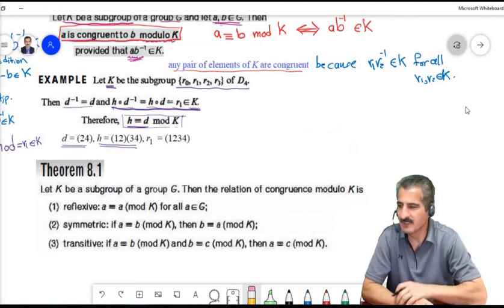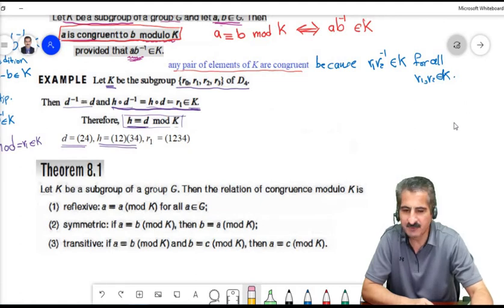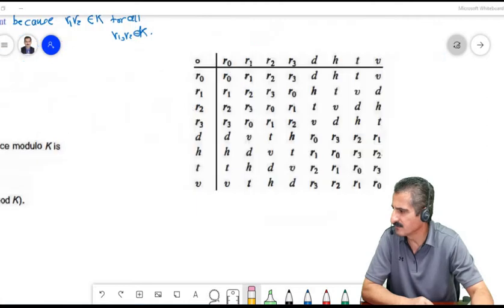Here, I would like to bring the dihedral group D4, and let us play with it before we keep moving. Let's have fun playing with the D4.